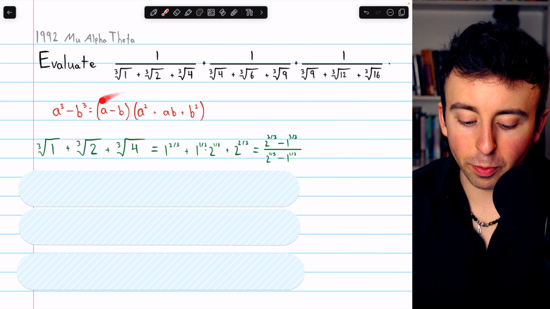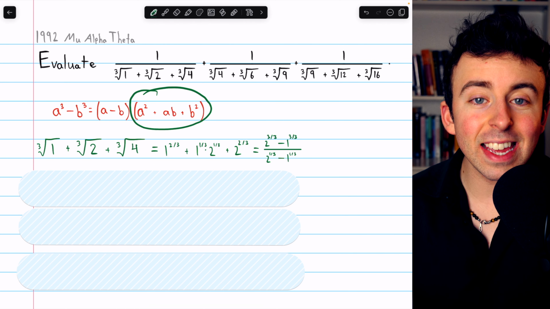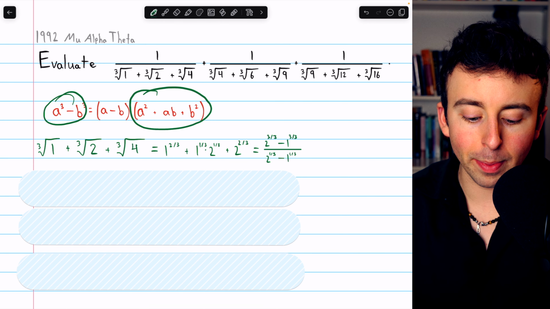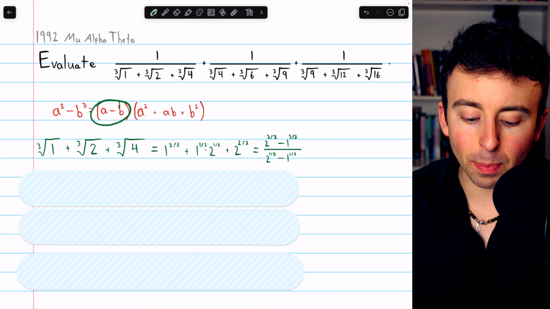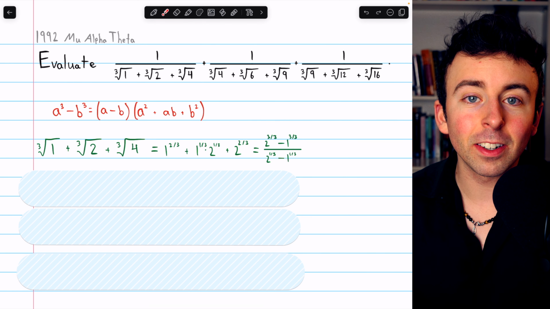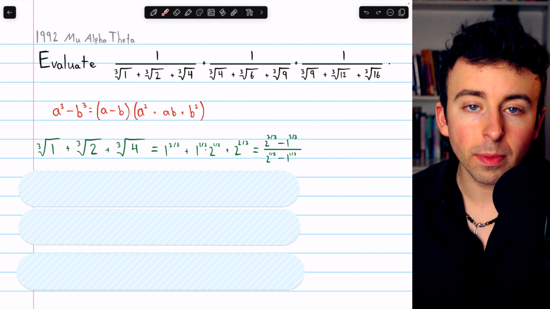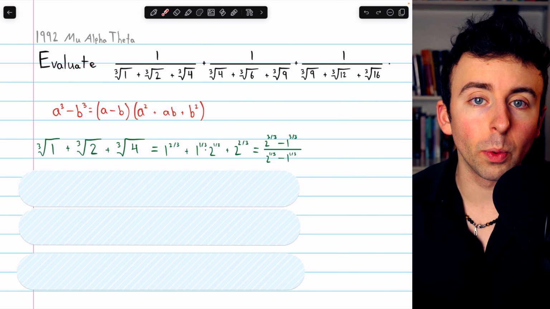Now, when you think about the difference of cubes factorization, this whole thing is just this part. So what it's equal to is a cubed minus b cubed divided by a minus b. But as we've written this out, it's clear that a is 1 to the 1/3 and b is 2 to the 1/3.